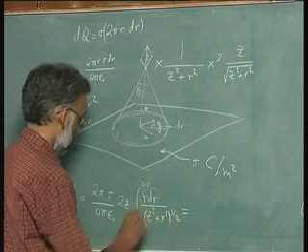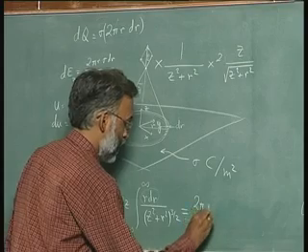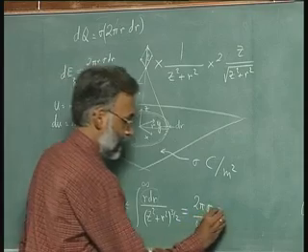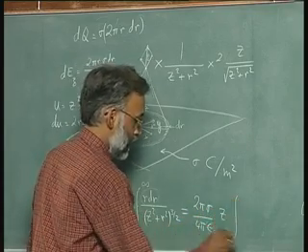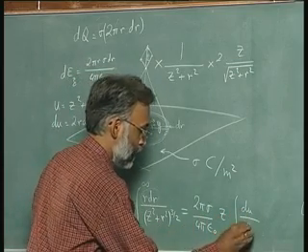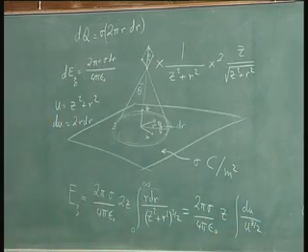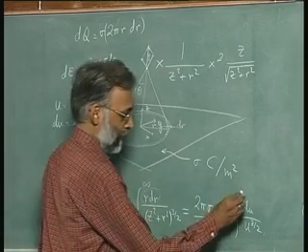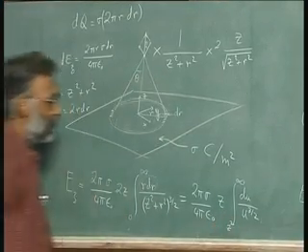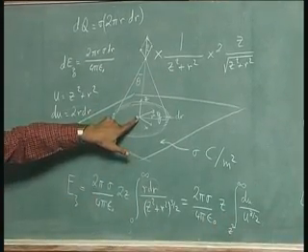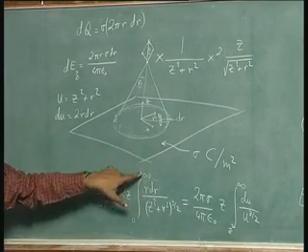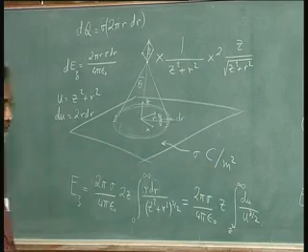So, you get 2 pi sigma over 4 pi epsilon naught, z times integral du over u to the power of 3 halves. The limits are, upper limit is infinity, lower limit is z squared, because when r is 0, z squared plus r squared is z squared. When r is infinity, it becomes infinity.